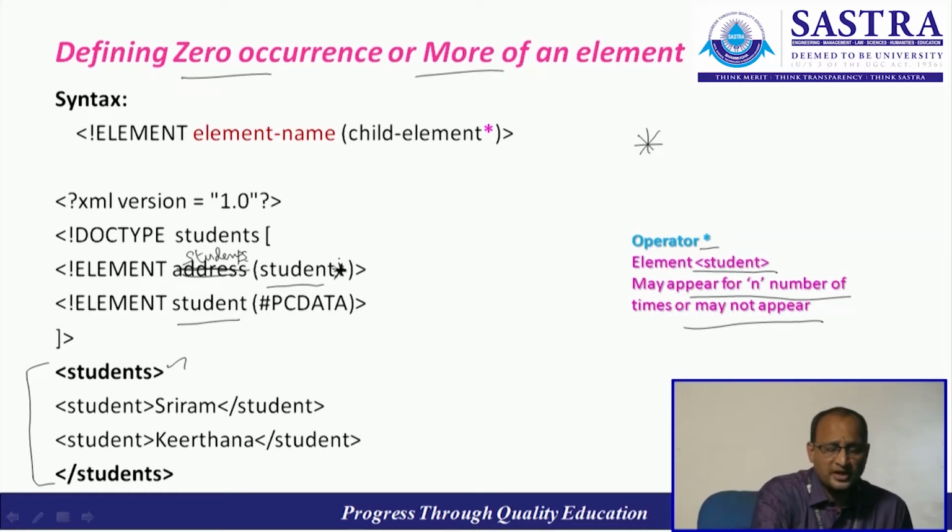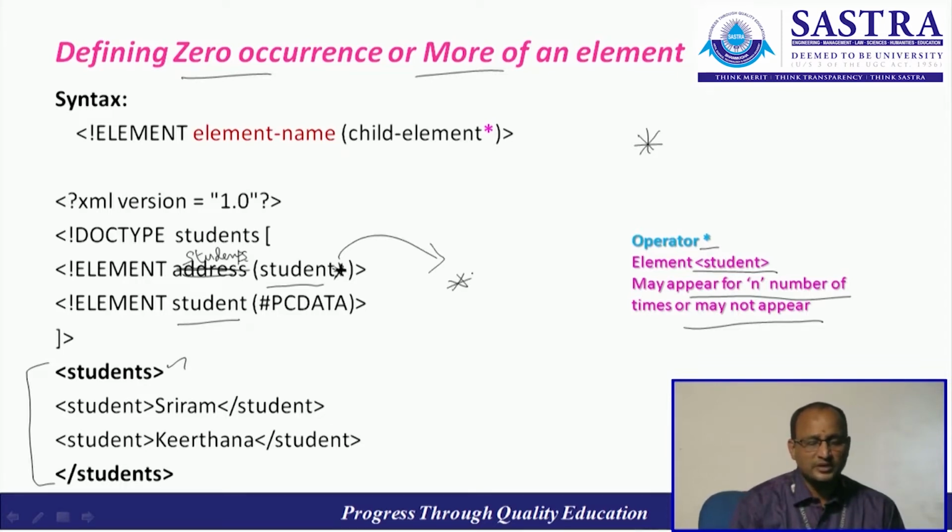So the operator I have used is an asterisk mark. It means this operator is used for specifying the particular element and its occurrence is 0 times or unbounded, that is more number of times.